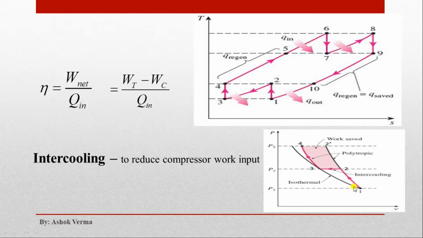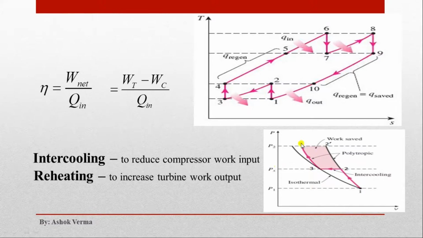So your required work done will be 1, 2, 3, 4, this area. You will save this work done on the compressor, the area 2, 3, 4, 2 dash, by multi-stage compression with intercooling.